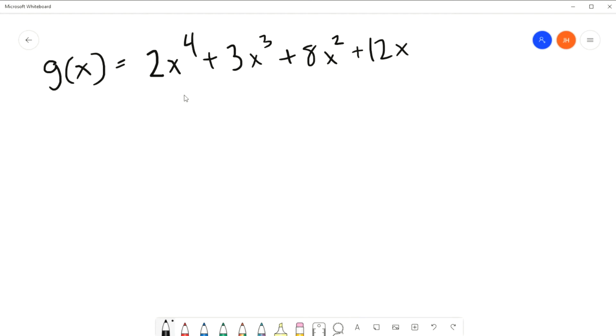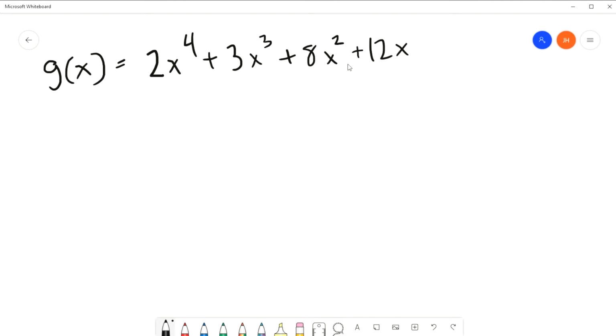Now, before we continue on, I want to do one more example of that P and Q with the rational zeros theorem for a different type of problem. So here I have g of x equals 2x to the 4 plus 3x cubed plus 8x squared plus 12x. Remember, we said before that it would be good practice to look at all the terms and factor anything out that they have in common.